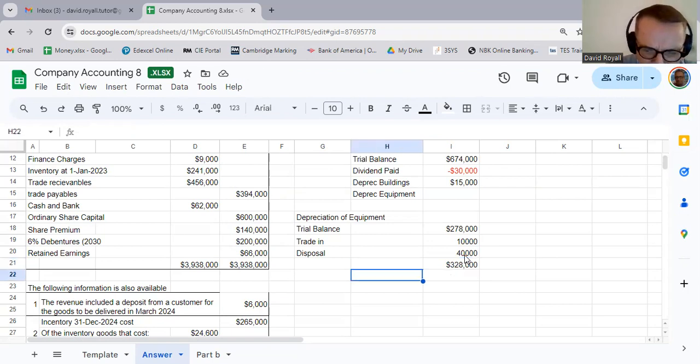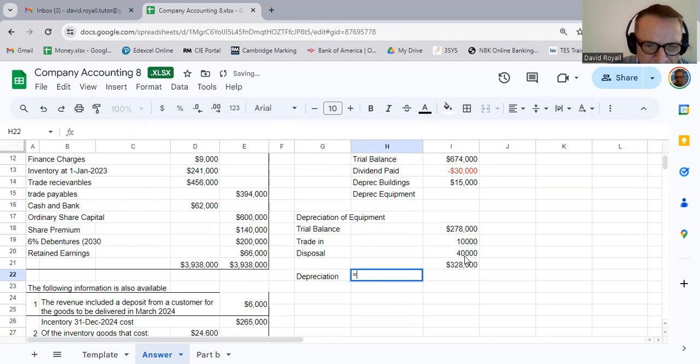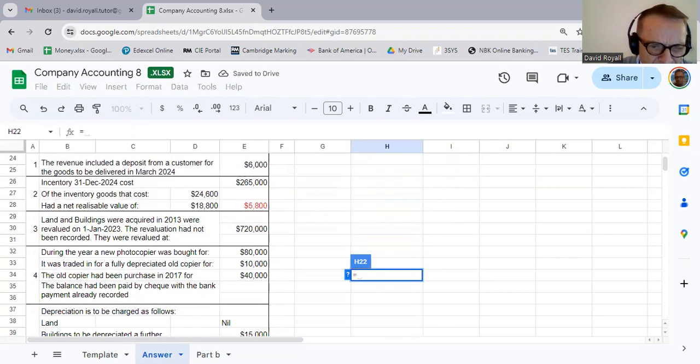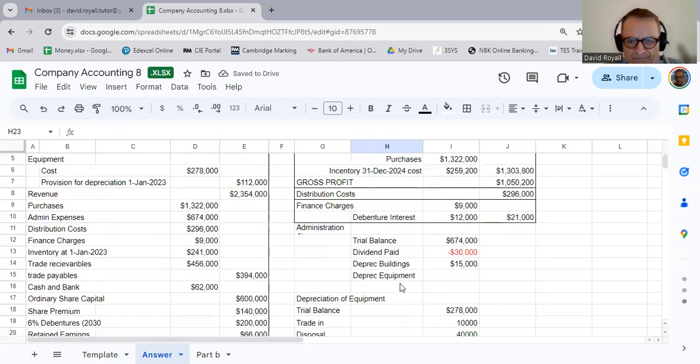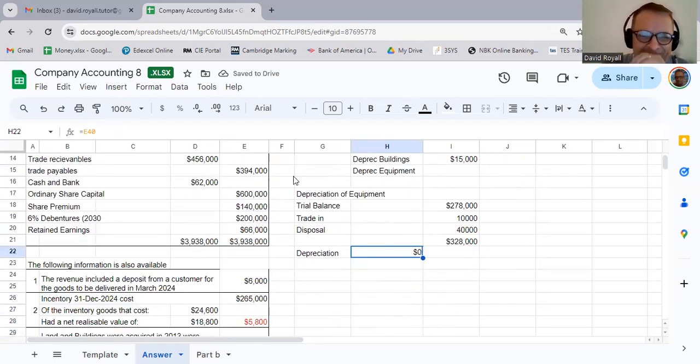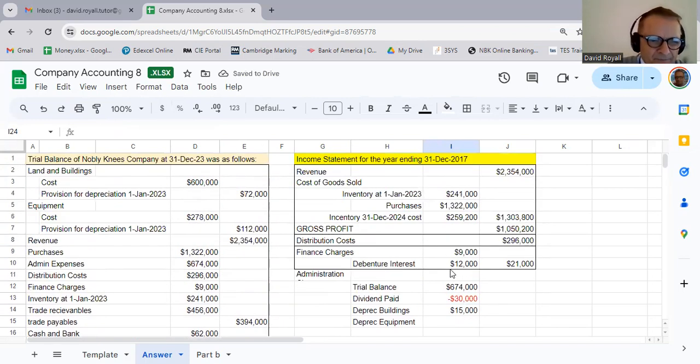And now the depreciation on that. Remember, the depreciation rate was to be 25%. Had we not messed around with the photocopier, it would have just been 25% of this figure here, 278.